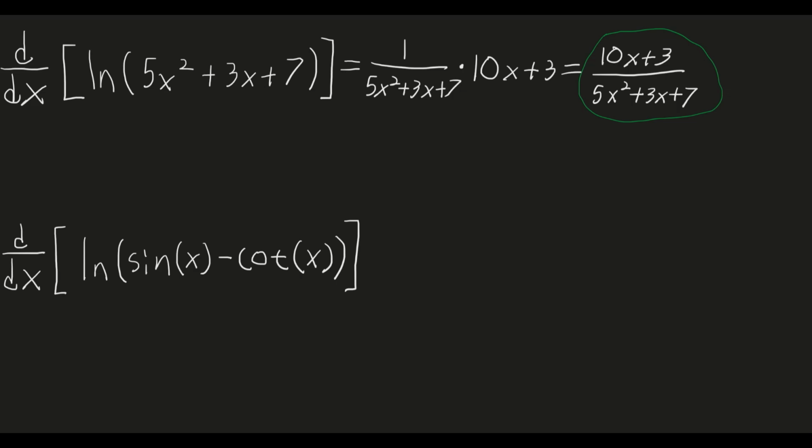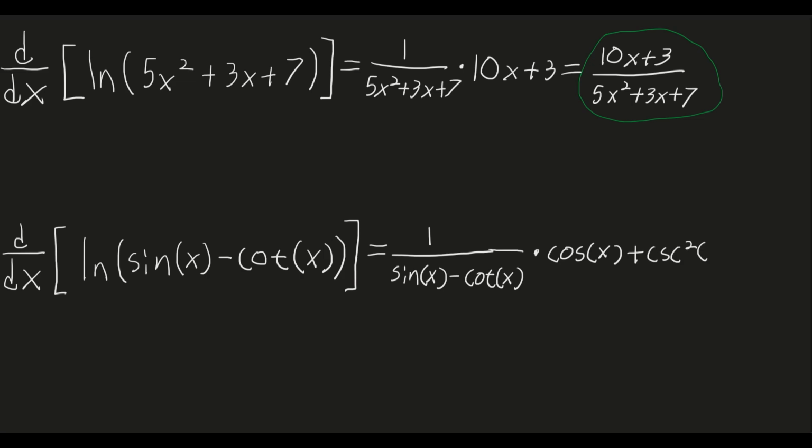Moving to the bottom function now, we want to take the derivative of the outer function. That would be 1 over sine x minus cotangent x. Taking the derivative of the inner function, that would be cosine x plus cosecant squared x.